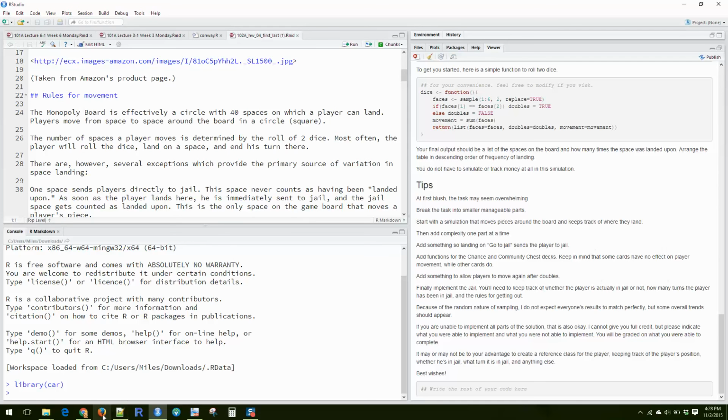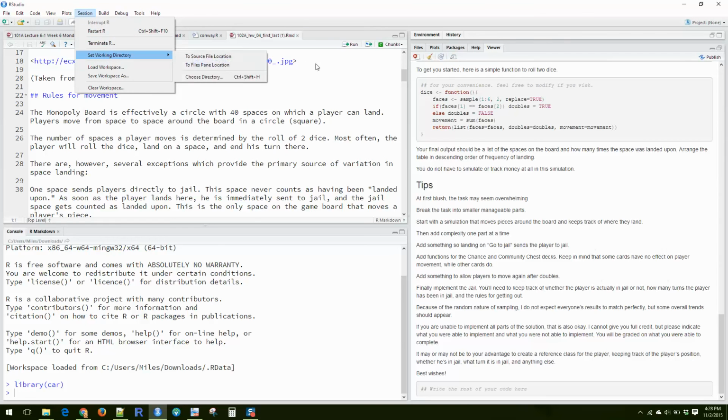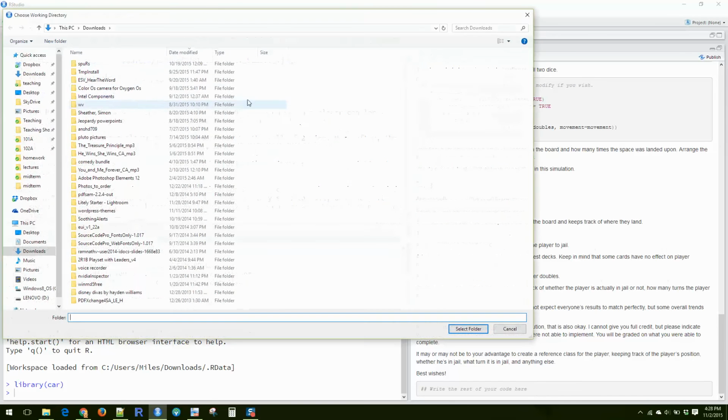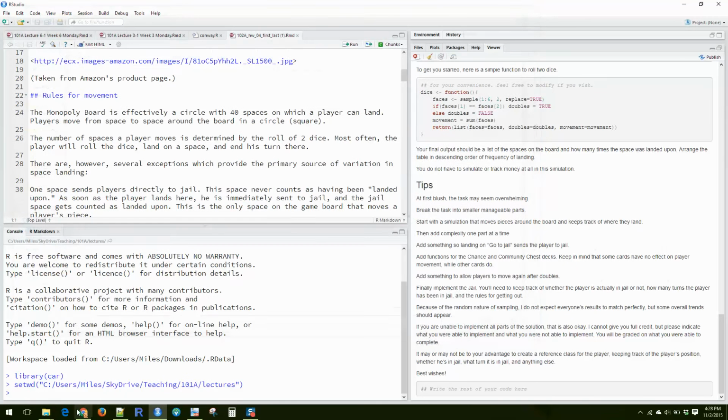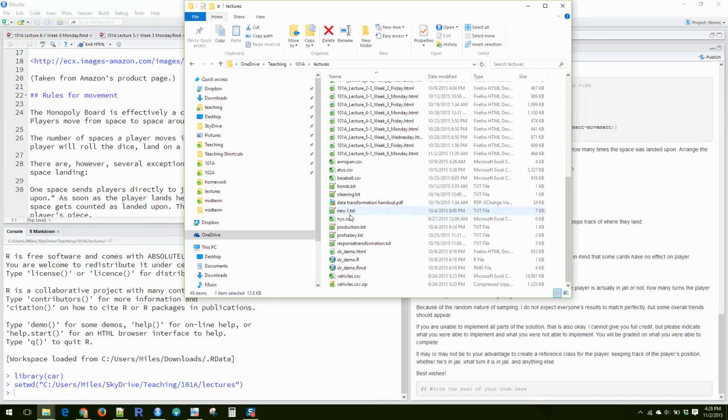I have to get my New York City data here. Is this the folder I want? Let me just make sure. Yes, New York City.